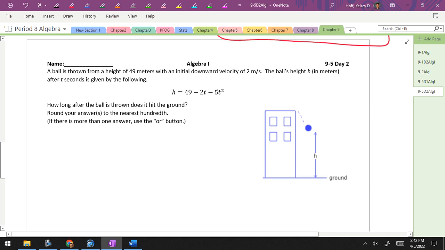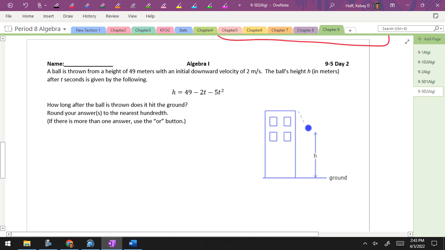A ball is thrown from a height of 49 meters with an initial velocity of 2 meters per second. The ball's height, h, in meters, after t seconds is given by the following. H equals 49 minus 2t minus 5t squared. How long after the ball is thrown does it hit the ground?